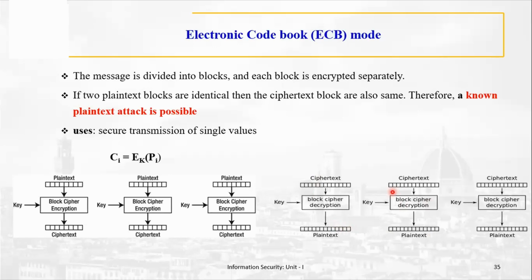Now, why is it called a code book? What happens is, let's say this is data which contains XYZ, and for that XYZ plain text, if you use the same key all the time, you'll produce a particular ciphertext.